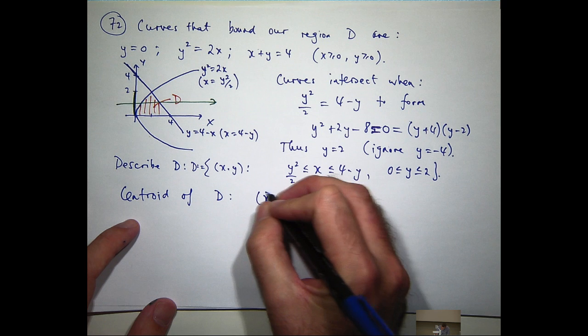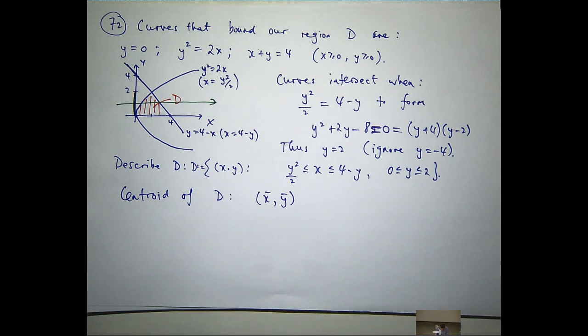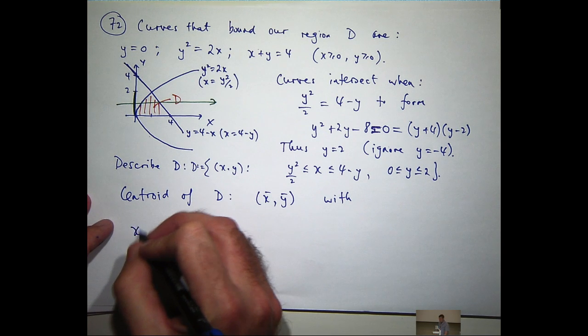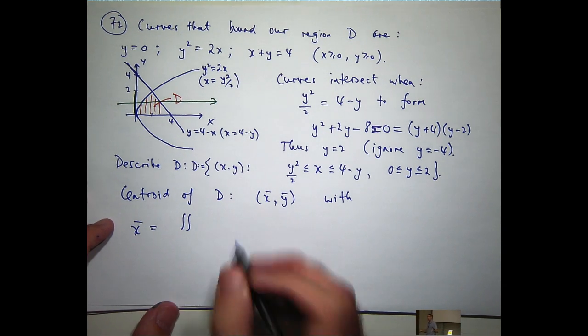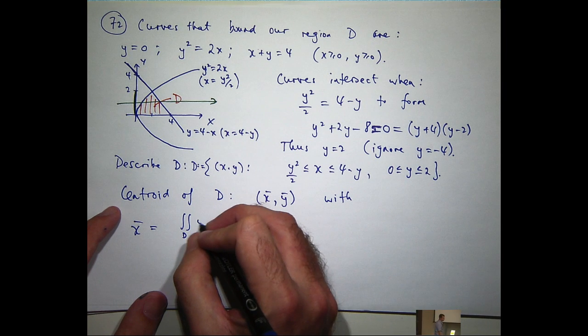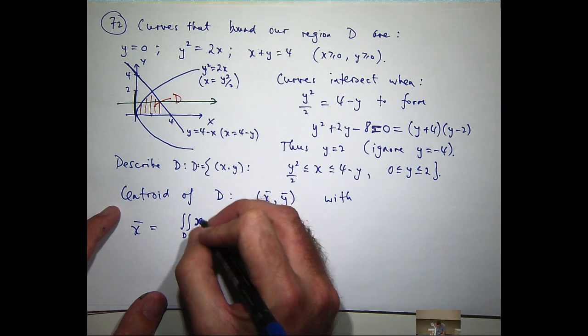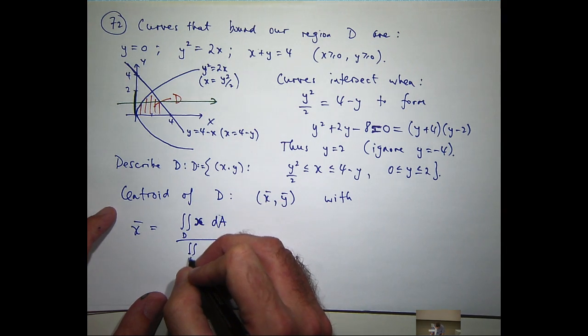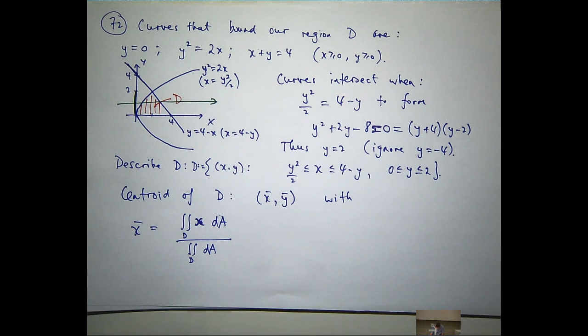It's the point which we usually write x bar, y bar, or you may have your own notation. x bar is just the first moment about the y-axis divided by the area of D. So the top here is just the first moment about the y-axis.